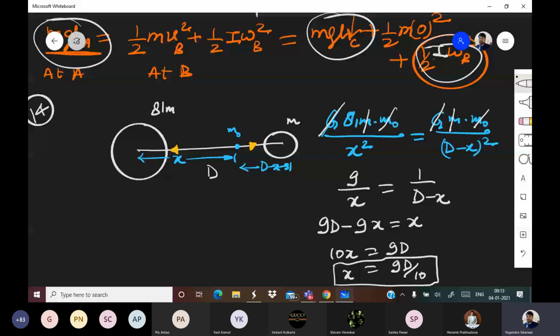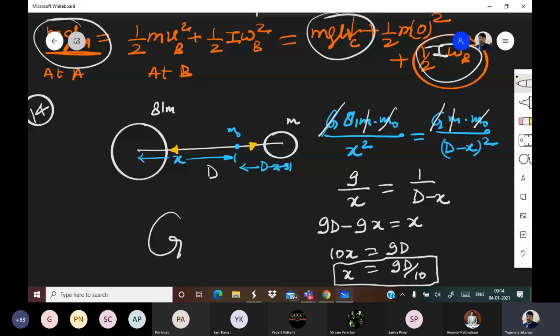Sam is saying question number 13. Let me see what 13 is saying. 13 is saying that the gravitational force between two point masses m1 and m2 separated by r distance is given by F equals K m1 m2 upon r square. The constant K is nothing but capital G, the universal gravitational constant.